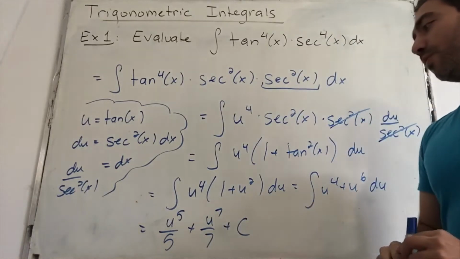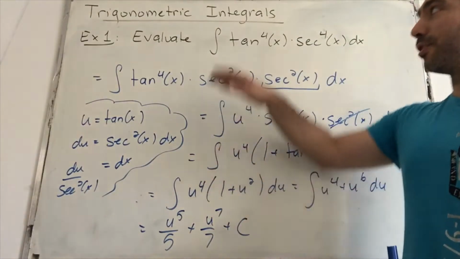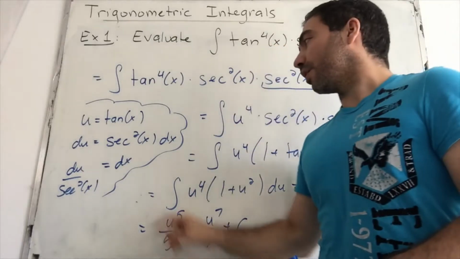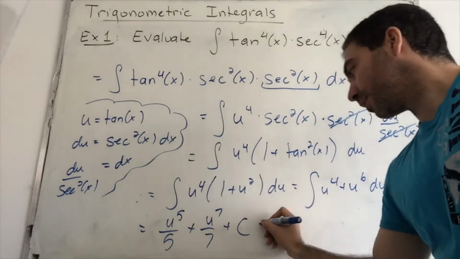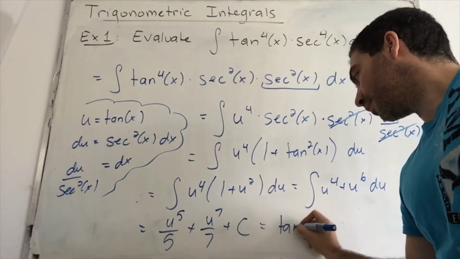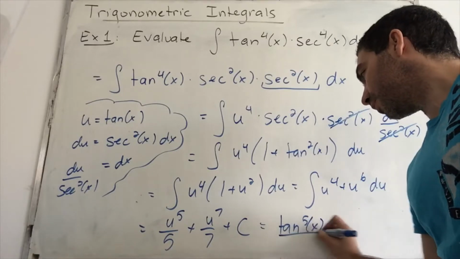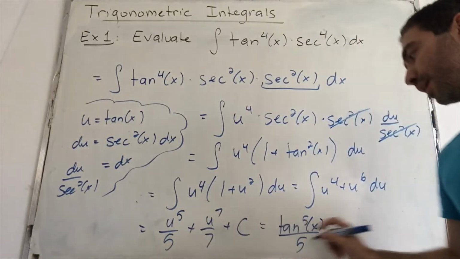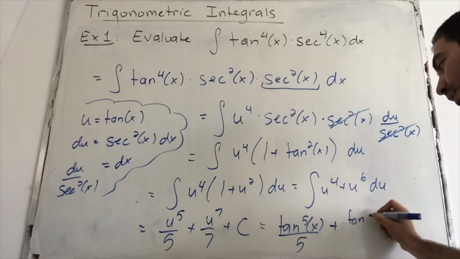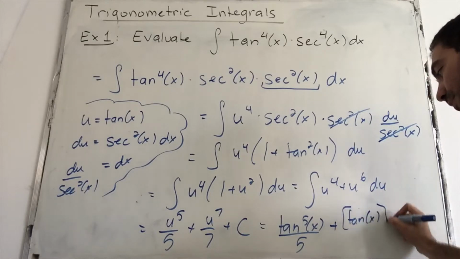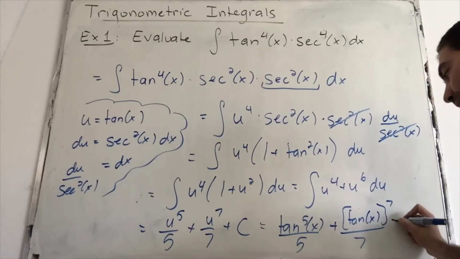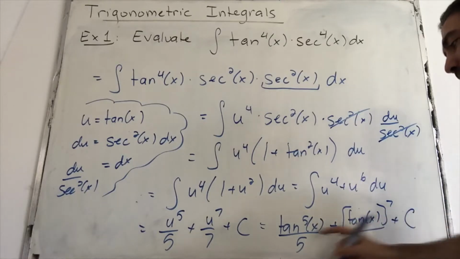It's indefinite, so we have our plus c. Again, we go back in terms of x. u is equal to tan x, so let's bring the tan back. This is tan to the 5 of x over 5, replacing the u's with tans, plus tan to the 7 of x over 7. If you write it as tan x to the 7, something like this, that's fine. Both notations are okay. Typically, we write it in this form.